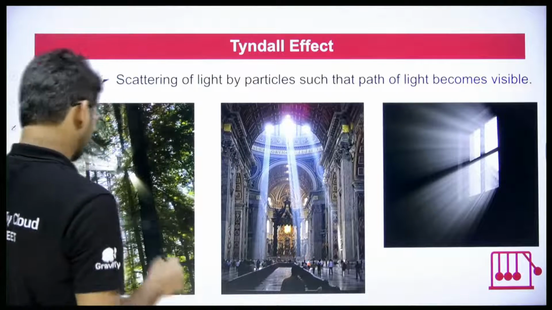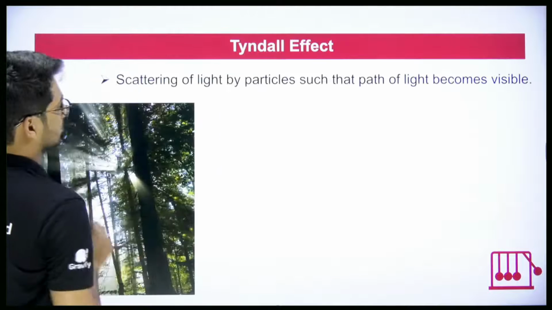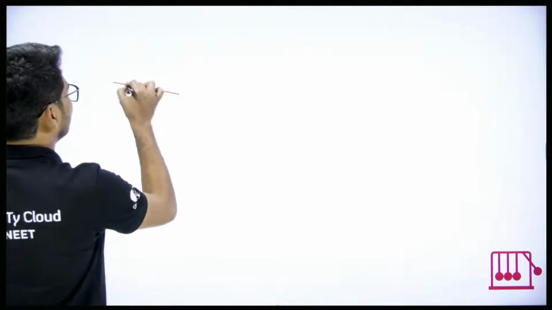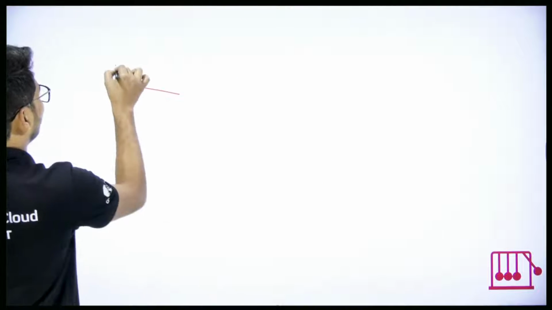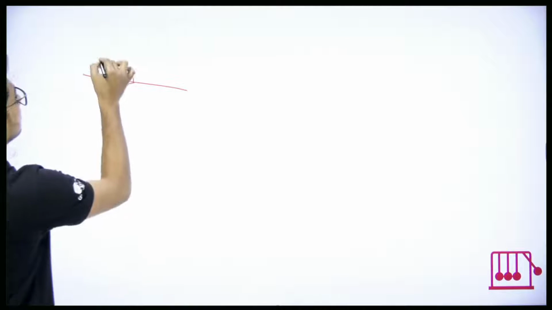See, now air will contain dust particles, yes or no? Air contains dust particles, simple. So when light, and we'll say sunlight, and what is sunlight? Sunlight is white light, remember.